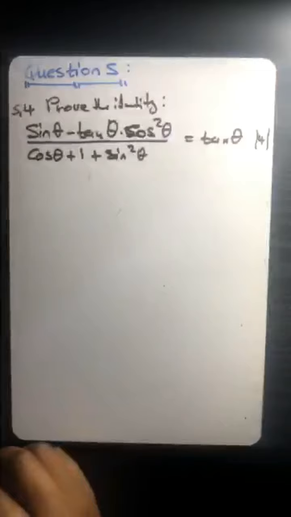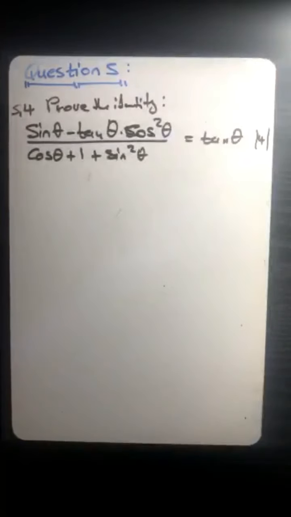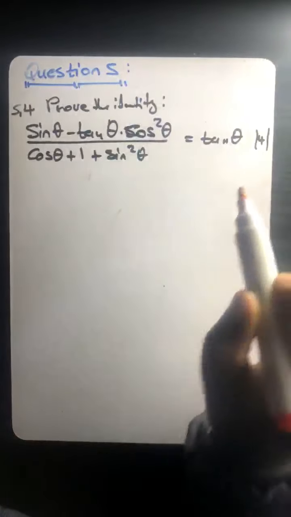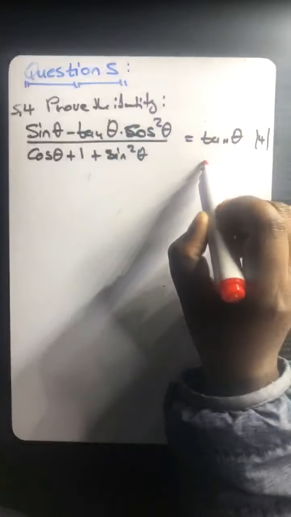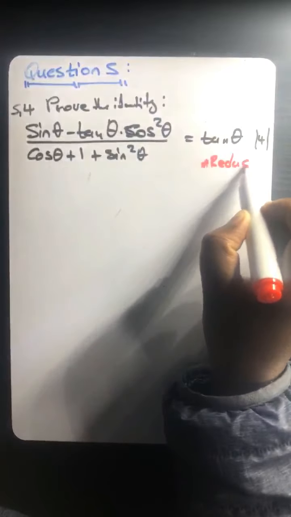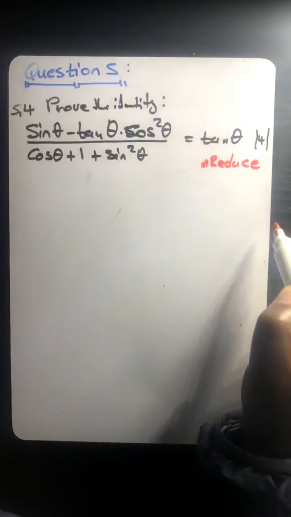Okay, so let's see. If you remember, based on my yesterday's lesson, what I said was, when you are dealing with identities, you need to be aware that if there's a need for you to use the reduction formula, reduce whatever angle is reducible.